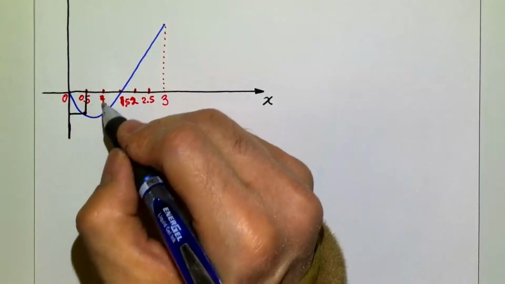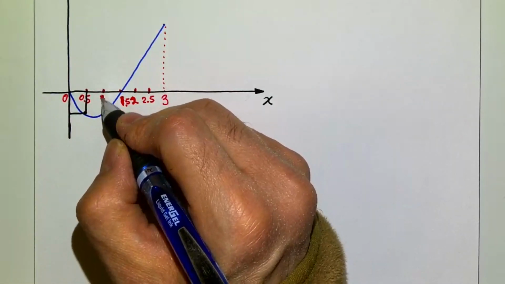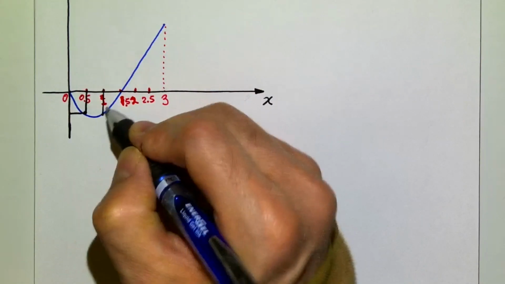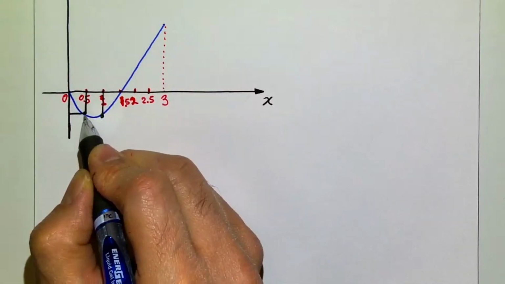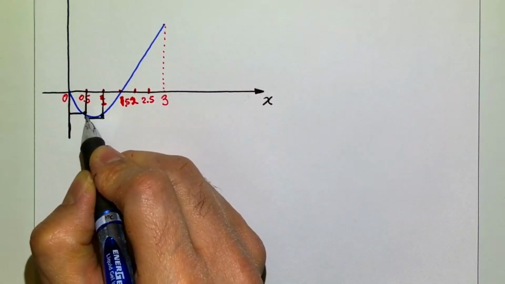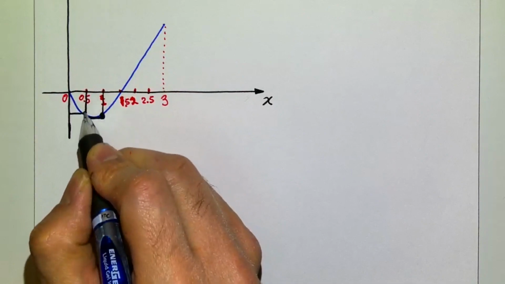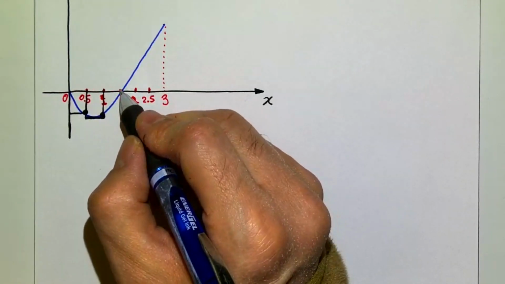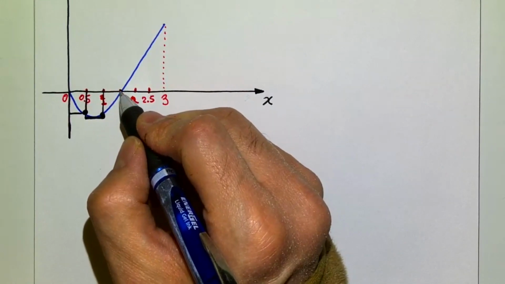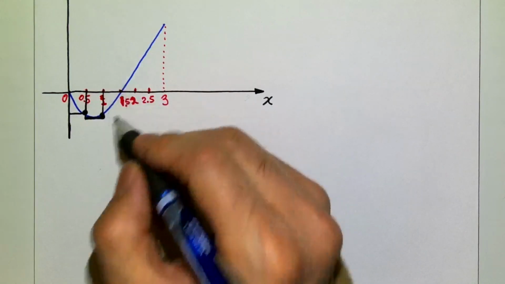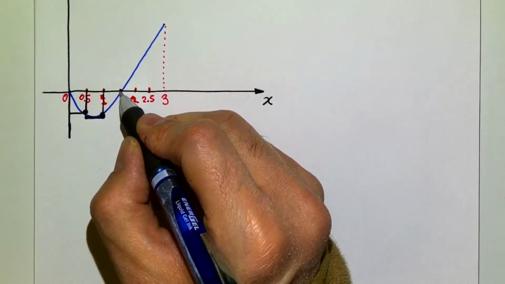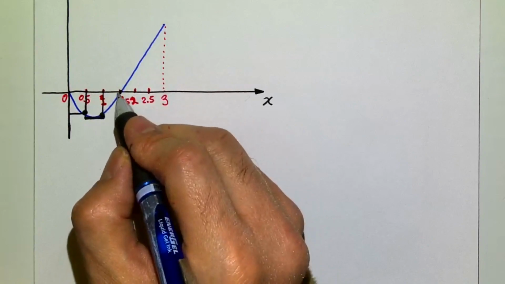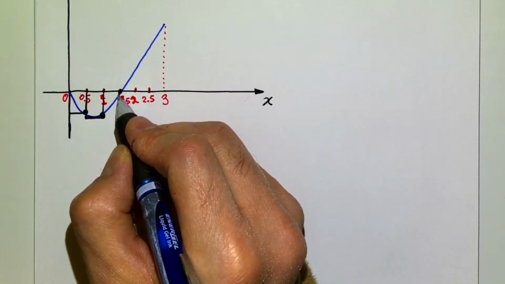Then for this one, it would be a little bit higher, or maybe the same level. Like that, and then that one, somewhere here.